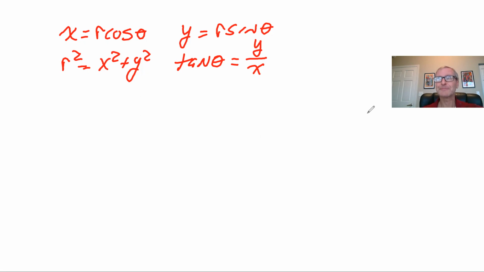Let's start with this equation, the simplest equation of a circle: x squared plus y squared equals 1.